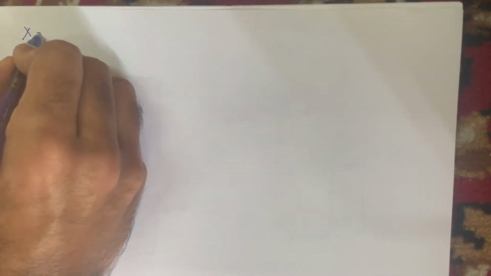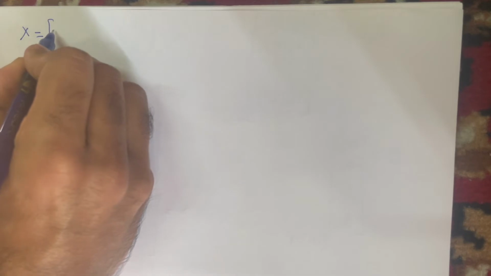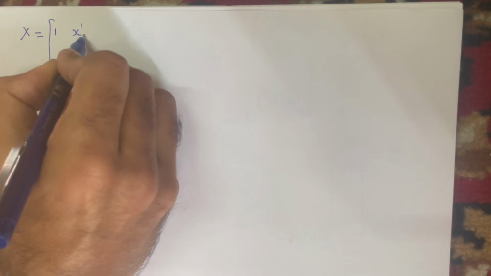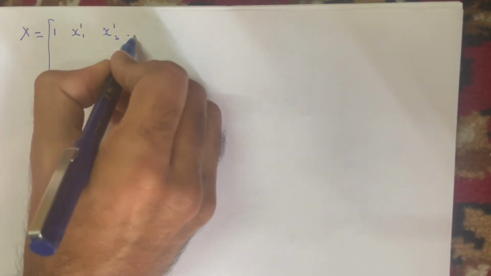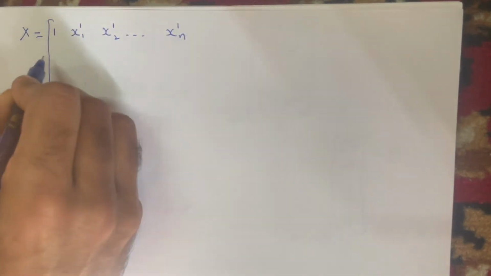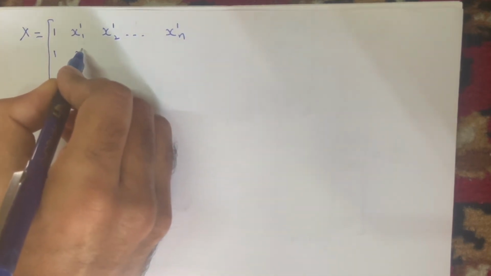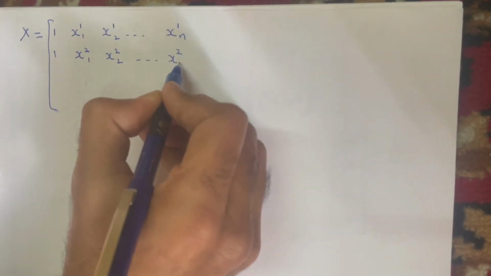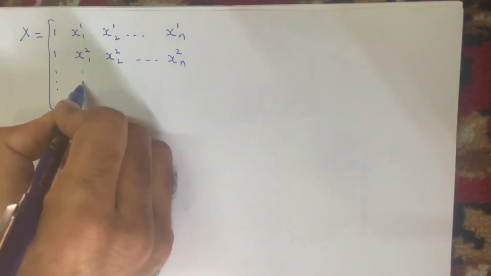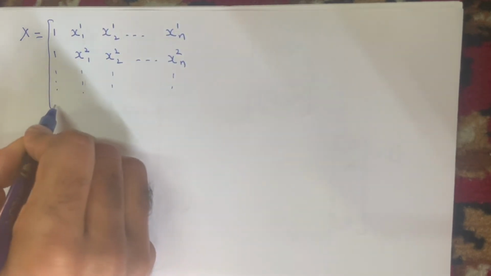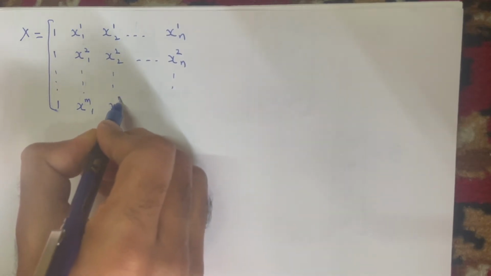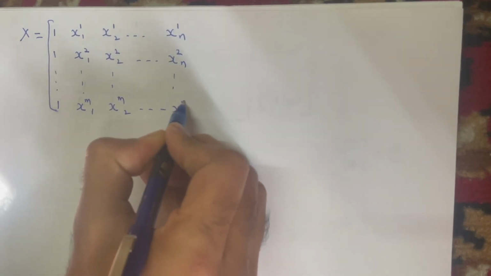This X will be equal to, the first row is the first example. What are the features of the first example? 1, x11, x12, x1n. Then 1, x21, x22, x2n. Likewise, the last one will be 1, xm1, xm2, xmn.